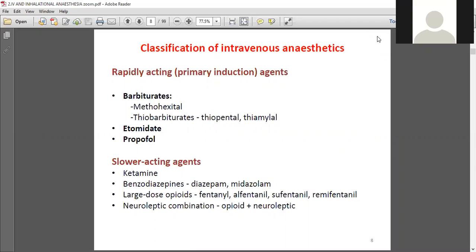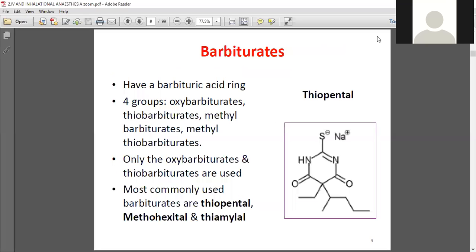These are rapidly acting. Then the slow acting ones are ketamine, benzodiazepines, large dose opioids, and neuroleptic combinations, like an opioid plus a neuroleptic drug. Neuroleptic malignant syndrome, I remember I read that today. Anyway, side note.